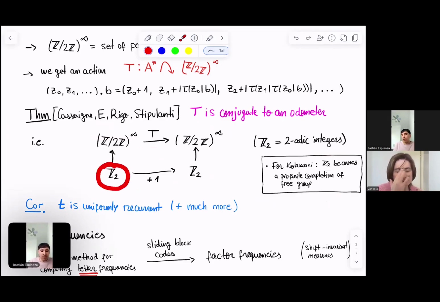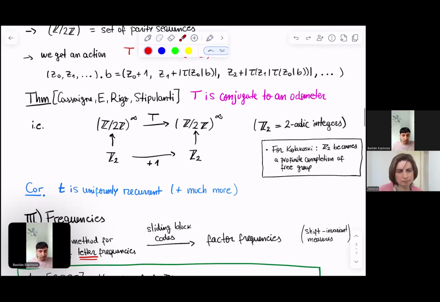Here we have an abelian group, essentially. In the Kolakowski case, we have something that is a profinite completion of the corresponding free group. Highly non-abelian, highly difficult to understand. It has many high-dimensional irreducible representations, and so on.